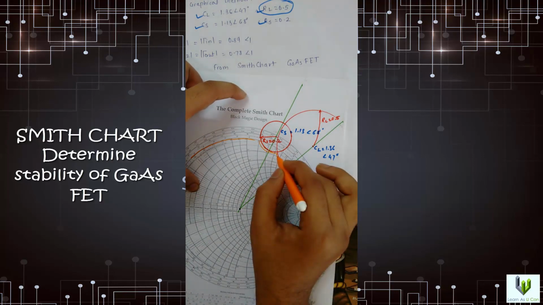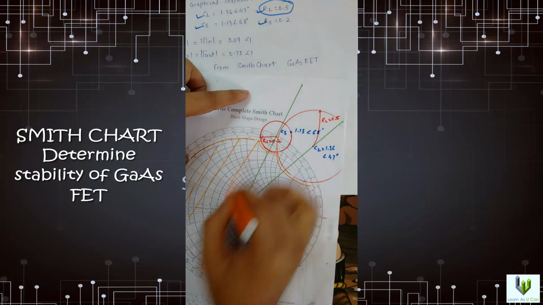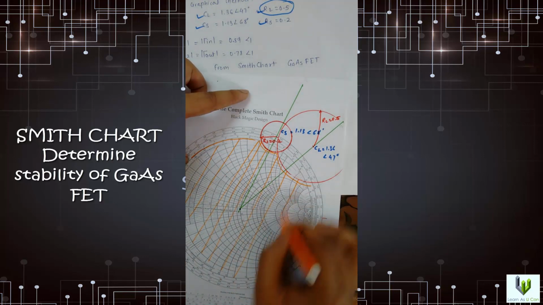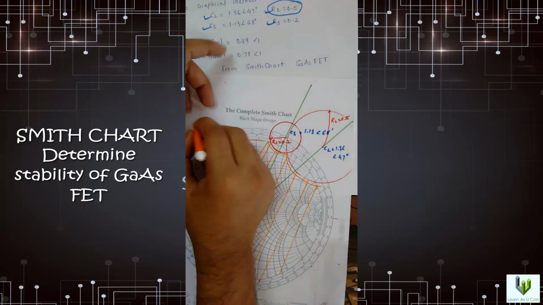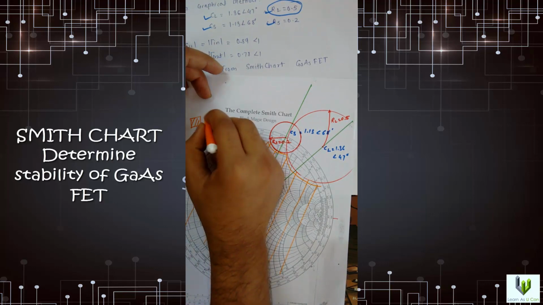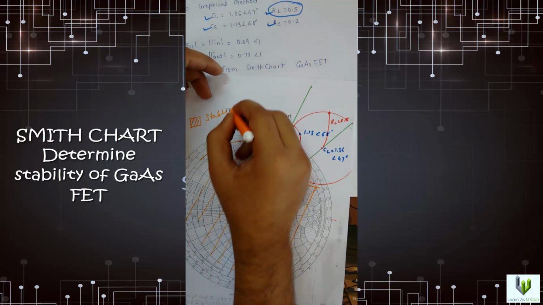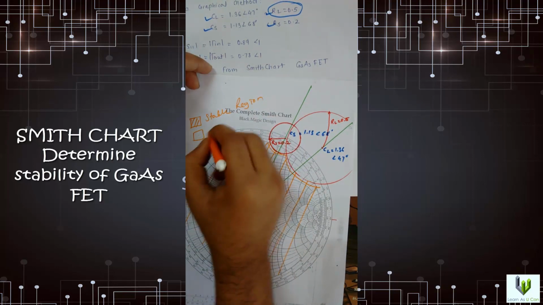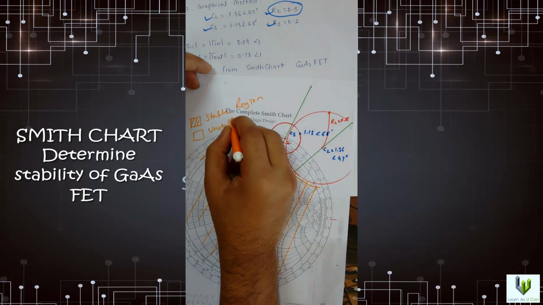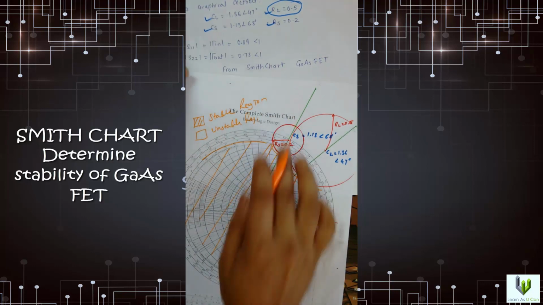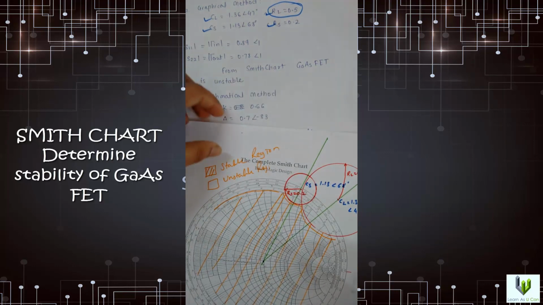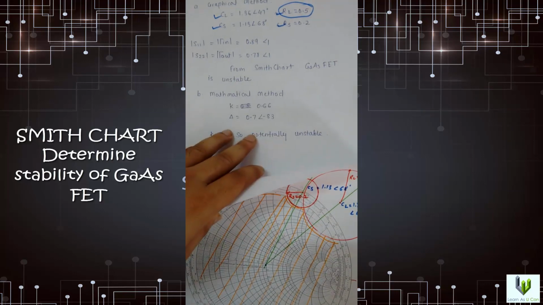Means this is the stable region and this white is unstable region. So from Smith chart we can say that gallium arsenide FET is unstable.